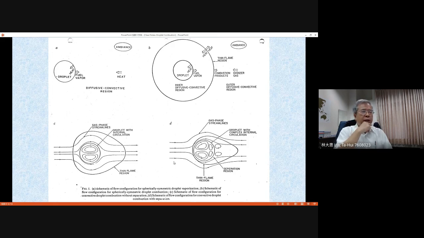Based on the D-square law, droplet evaporation or combustion is mainly controlled by the diffusion process. But now we are thinking about the influence coming from flow convection.